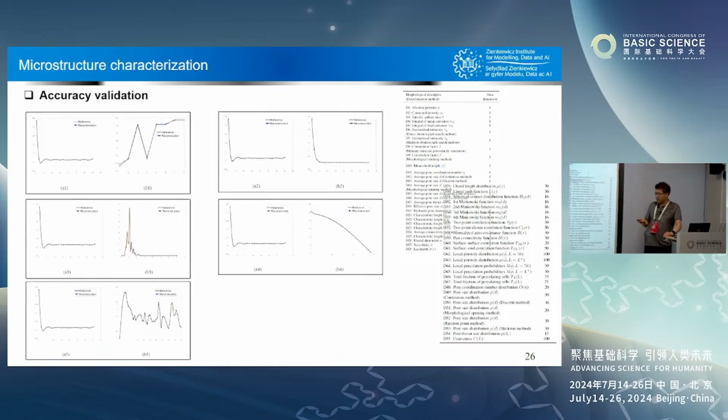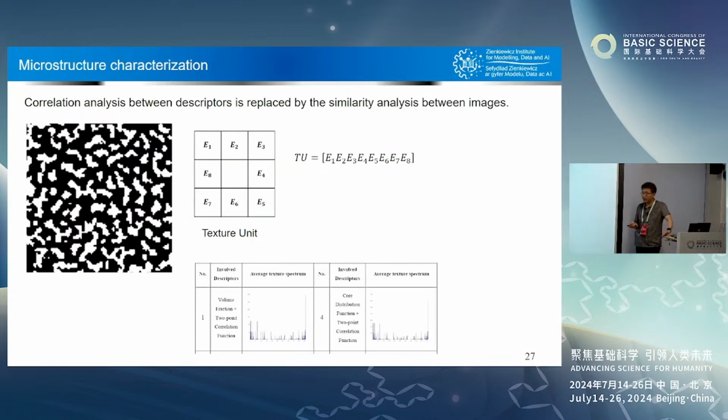So we could check the accuracy of the process. After we obtain the synthetic images, we compare the difference between them, and indeed, they match the descriptor quite accurately. So we basically have all descriptors in the form of an image, and they are of the same size, same dimension.